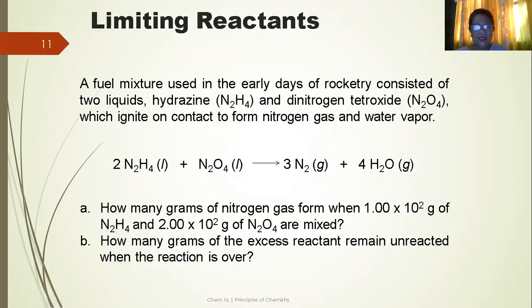Another problem, okay, here. This is a fuel mixture of a rocket that consisted of 2 fluids. That is the hydrazine, monomethylhydrazine, and the dinitrogen tetroxide. Once you ignite this, it will produce nitrogen gas, carbon dioxide gas, and water vapor. What is being asked?